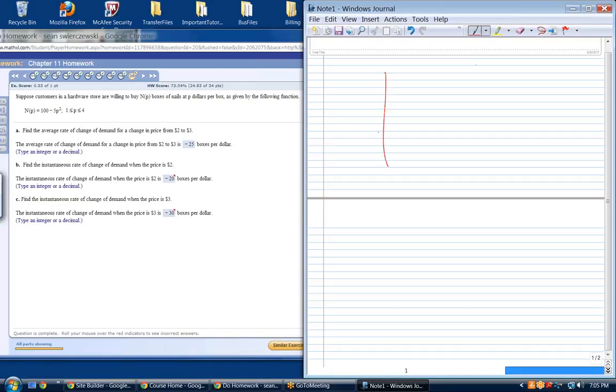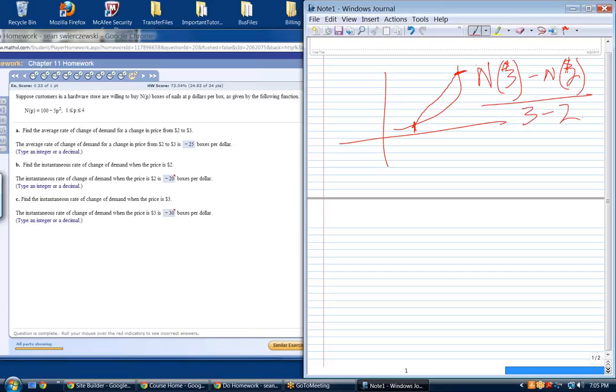If you have a function that looks something like this, and you want the average rate of change between there and there, we're going to take the slope of that secant line, which is n of 3 minus n of 2, all divided by 3 minus 2.